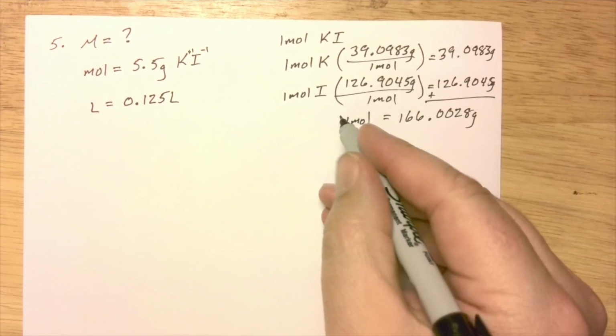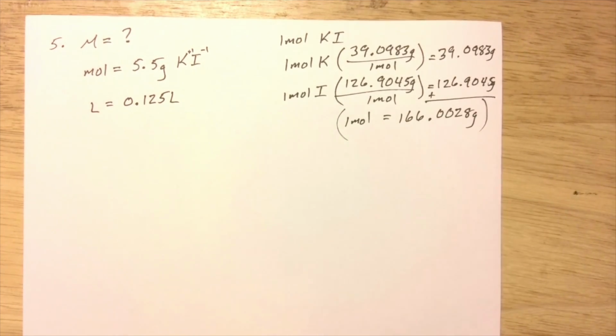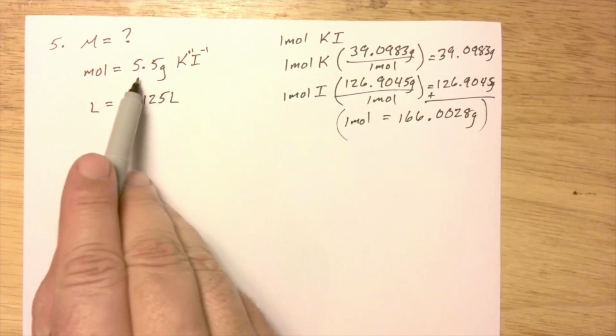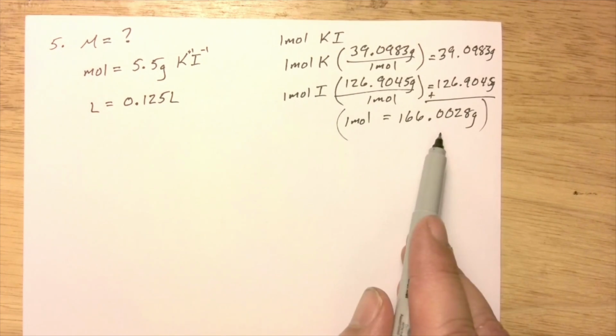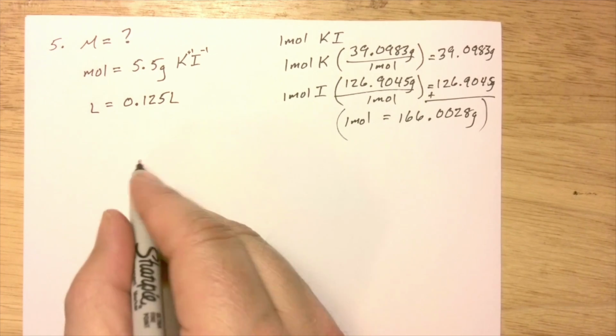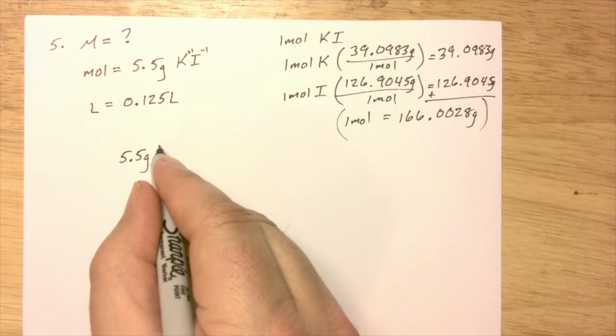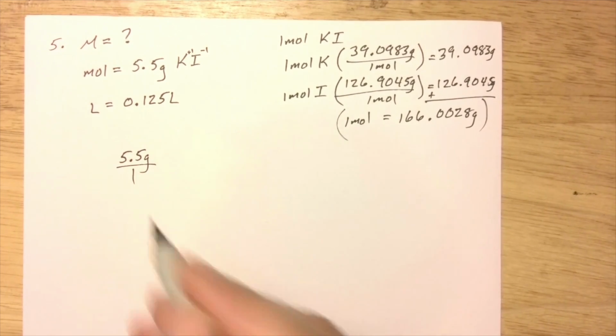So this is what's going to be the conversion unit. This is what I'm going to have to put inside the set of parentheses. So I need to convert the 5.5 grams using this to find out how many moles there are. So let's go ahead and work that one out. If I have 5.5 grams of potassium iodide, again, technically this is all over 1.